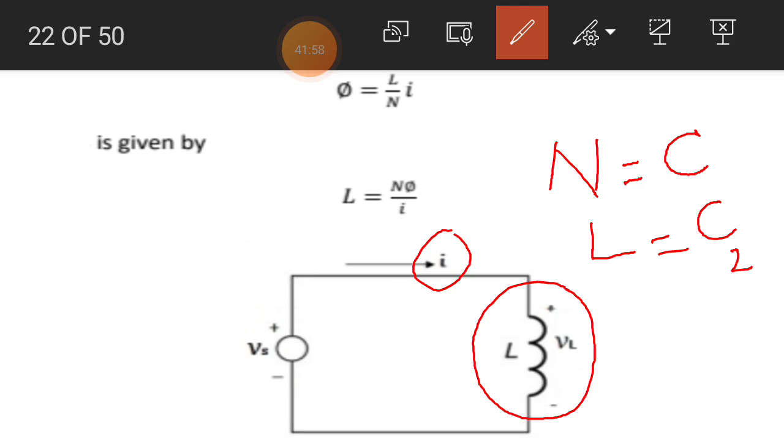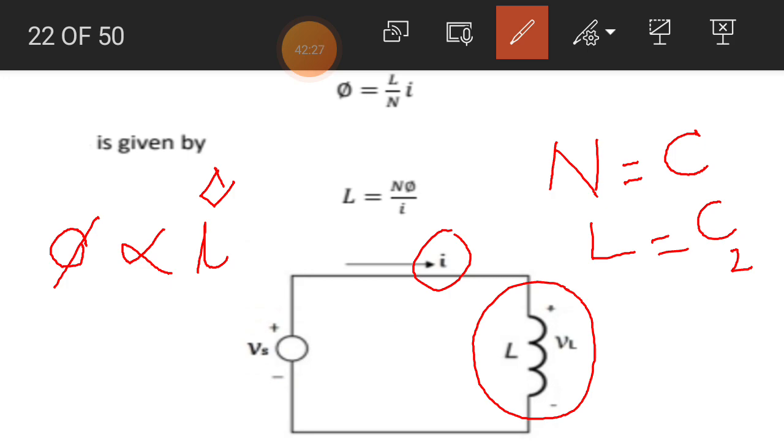In other words, the current in this coil generates magnetic flux, which is represented by phi. The magnetic flux generated by the current in this coil depends upon the current in the coil.